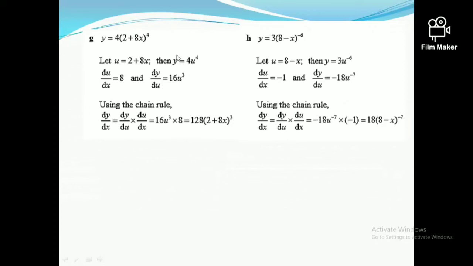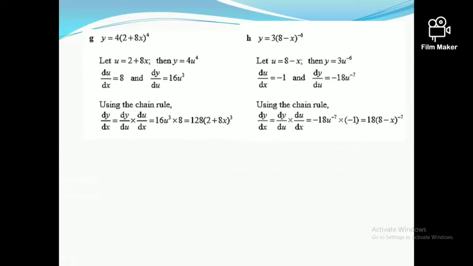If you differentiate it, what do you get? 16u to the power 3, right? Then dy by dx equals dy by du into du by dx. dy by du is 16u to the power 3 into du by dx is 8. That is 128 u to the power 3. What is u? u is 2 plus 8x. Therefore, you can write this is 128 times (2 plus 8x) to the power 3.